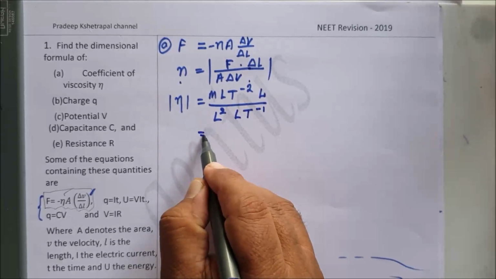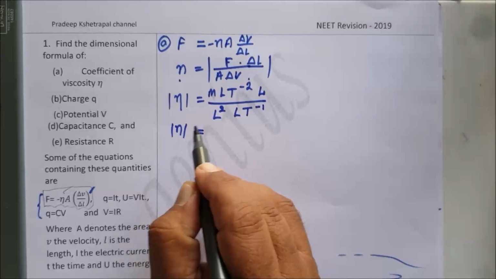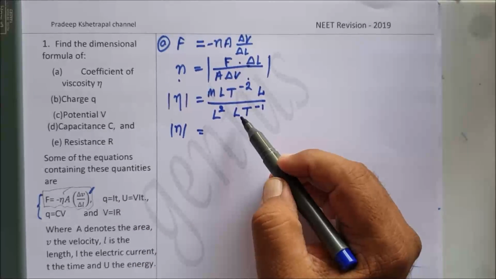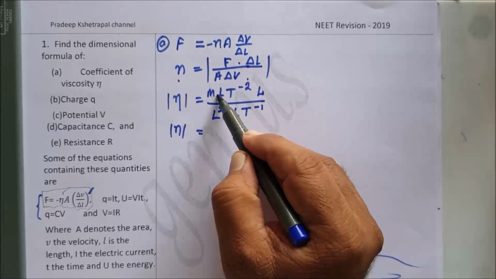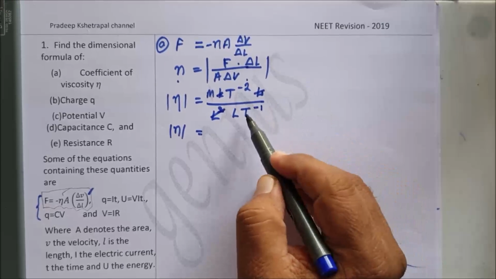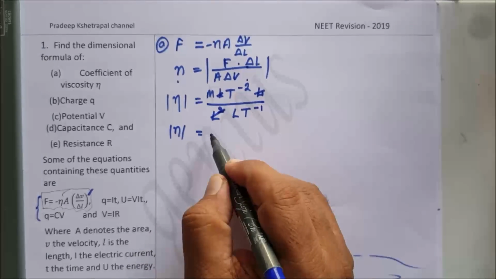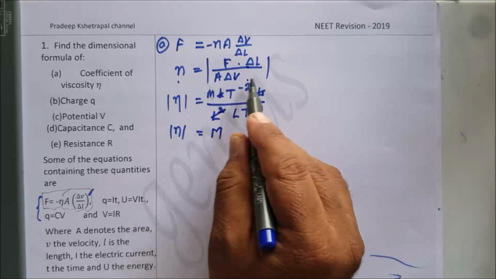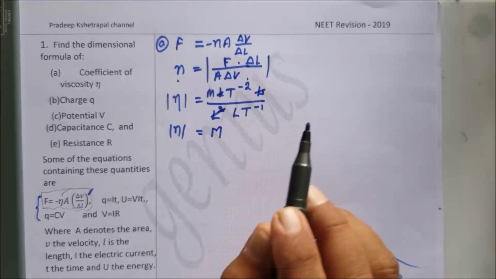So this gives us the dimensions of eta, let's do the cancellation here. M to the power 1 remains.